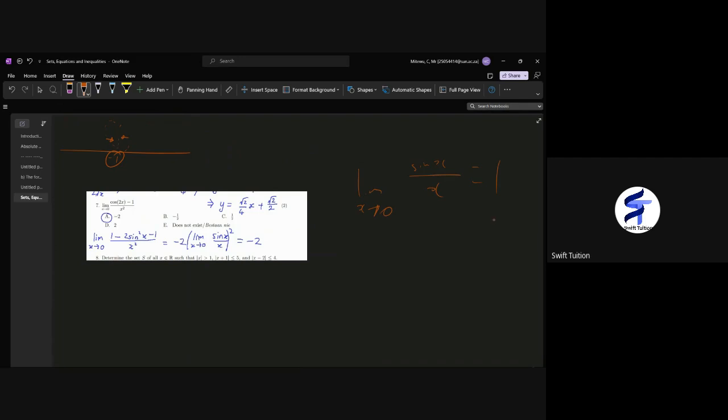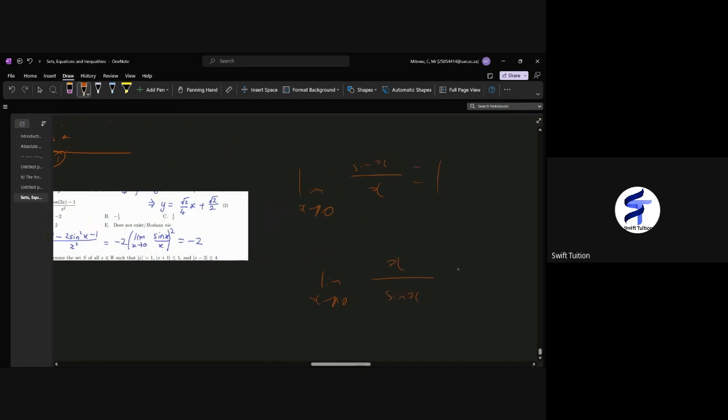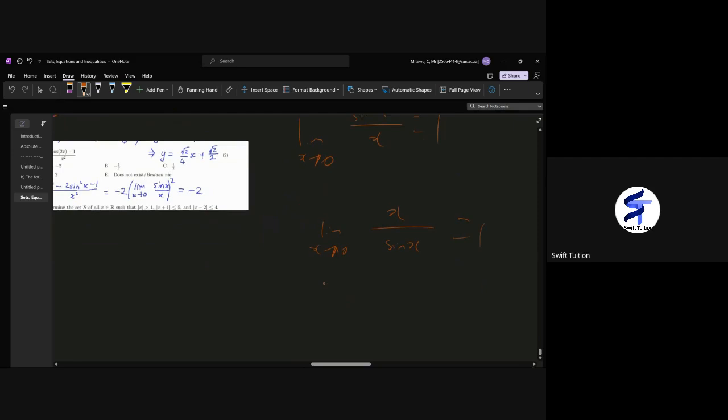You'll see this in different fonts, but this is the end result. So, for example, instead of this, maybe they give you the limit as x approaches 0 of x over sine of x. This is still going to be equal to 1, because if sine of x over x is equal to 1, then obviously the reciprocal is still going to be equal to 1. That's something they may throw you off with.